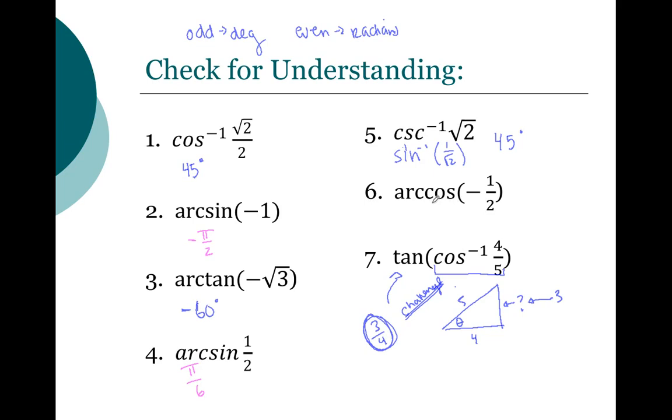Arc cosine, so where is cosine -1/2? It'll be in quadrant 2, and that will be at 2 pi over 3. I don't know if challenge is the right word, if it was just a little different.